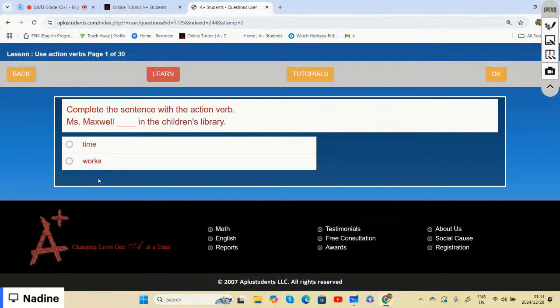Time in the children's library or works in the children's library?